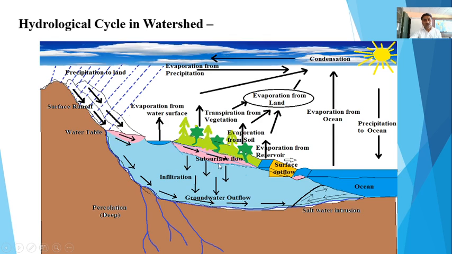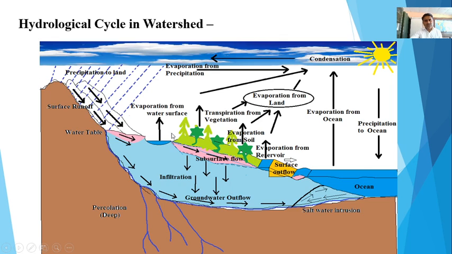So according to that, there is an infiltration process. Cracks, gaps, crevices, joints, and fractures help the water to infiltrate, and it acts again as groundwater outflow. Sometimes it may overflow in the form of springs, and this is also again a process of the hydrological cycle.